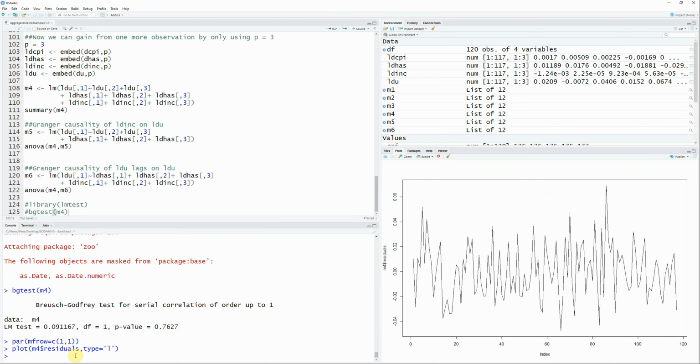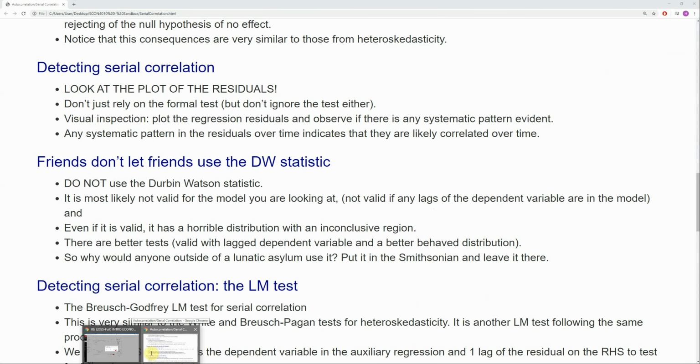And here it is. This is looking very stationary, kind of around zero, bounded, so it's a constant variance kind of case with mean around zero.